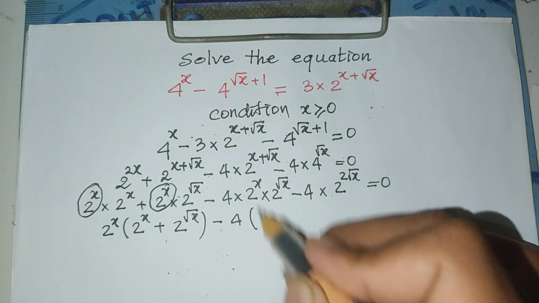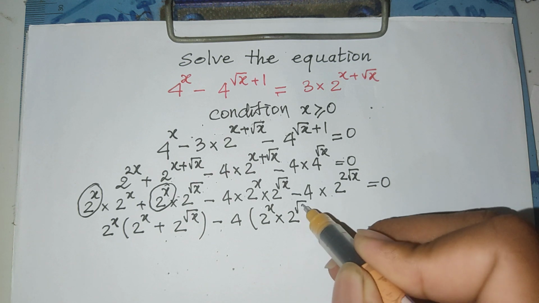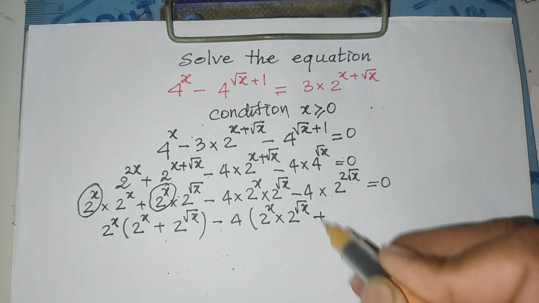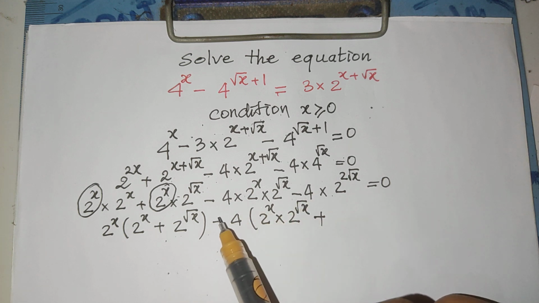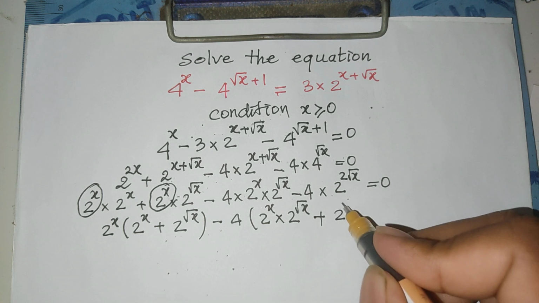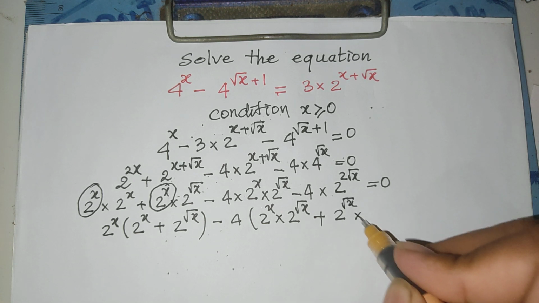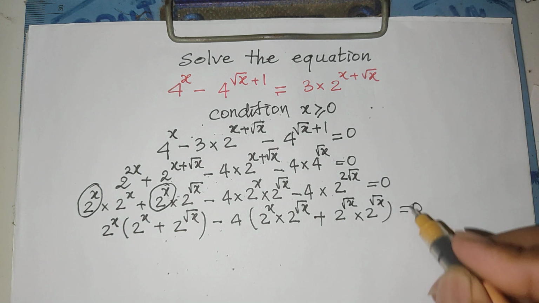We get 2^√x multiplied by 2^x, and this we get plus, because we take minus 4 out as a factor. So with this we get plus. This I can write 2^√x multiplied by 2^√x equals 0.